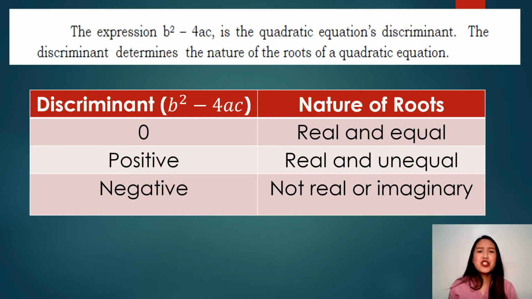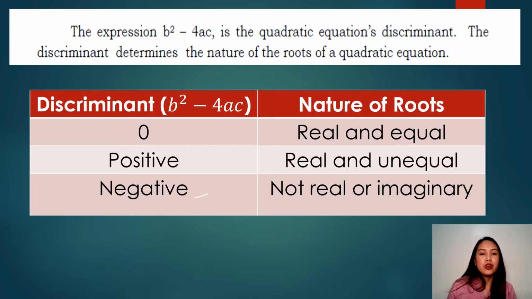Now, the expression b squared minus 4ac is actually a quadratic equation's discriminant. So that's what we call the discriminant. It determines the nature of the roots of a quadratic equation. If you substitute the values of a, b, and c to the discriminant formula, which is b squared minus 4ac, it's possible that you'll get 0. You can also get a positive number, and you can also get a negative number.